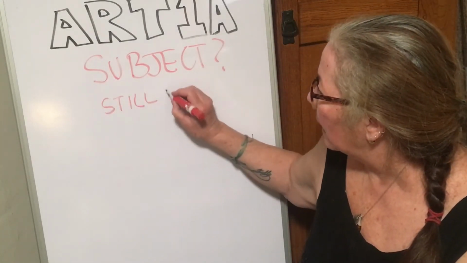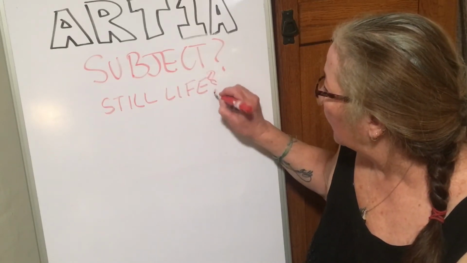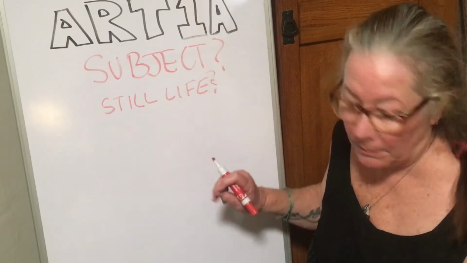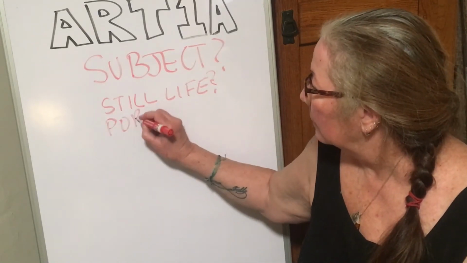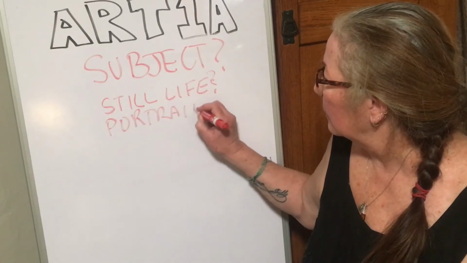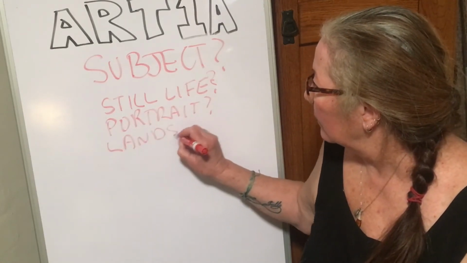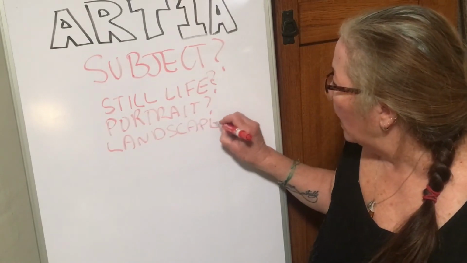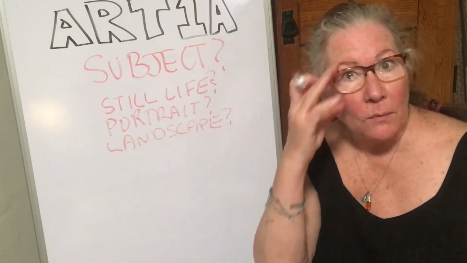So is it just some objects on a table? That might tell us a little bit about the artwork. Is it a portrait? Is it a landscape? What did the artist paint or create? What was it?